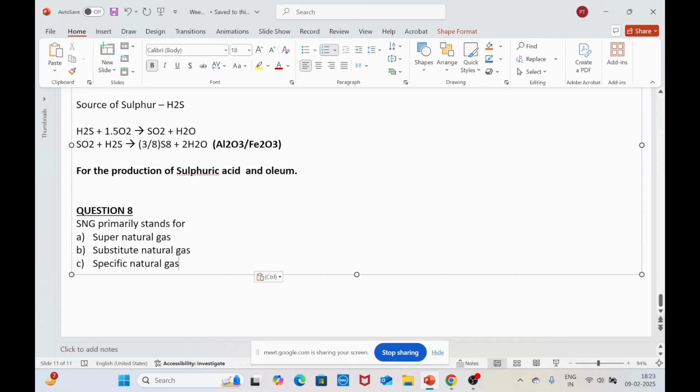What does SNG primarily stand for? Supernatural gas, substitute natural gas, specific natural gas. Again, this is also something related to the utilization of synthesis gas or syngas.